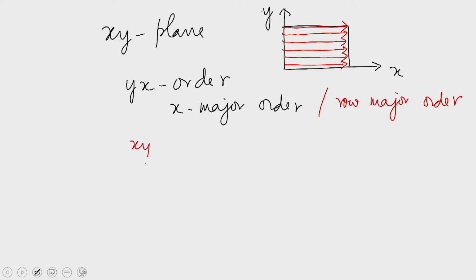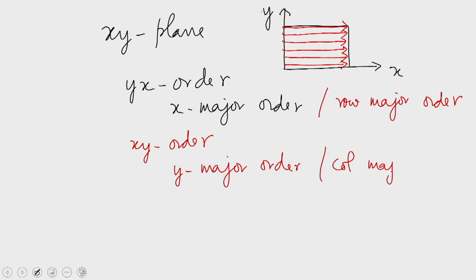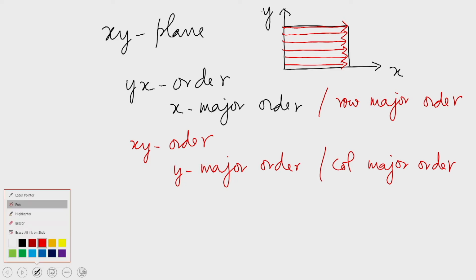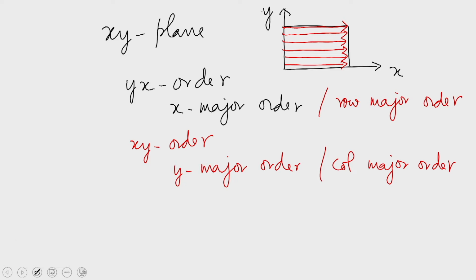The xy order happens to be the y major order, so this is the same as the column major order. So what we want is that the elements must be sorted in zyx order.